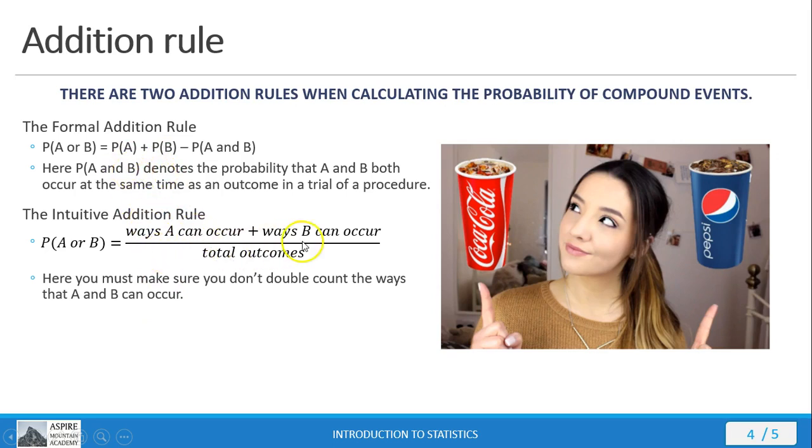When you're adding two fractions with the same denominator, you just add the numerators, put that up top, and keep the same denominator on the bottom. So this calculation is really the same thing, only here we're making an explicit declaration that we're going to get rid of that double counting, whereas here it's assumed that A and B aren't occurring together. If they are, then we're going to have to add in a little extra term at the end to make sure we avoid that double counting.